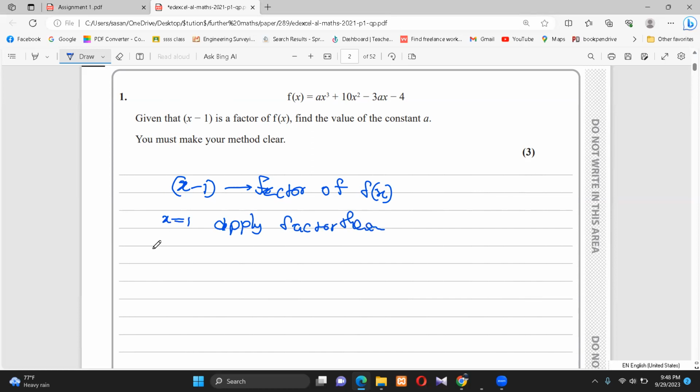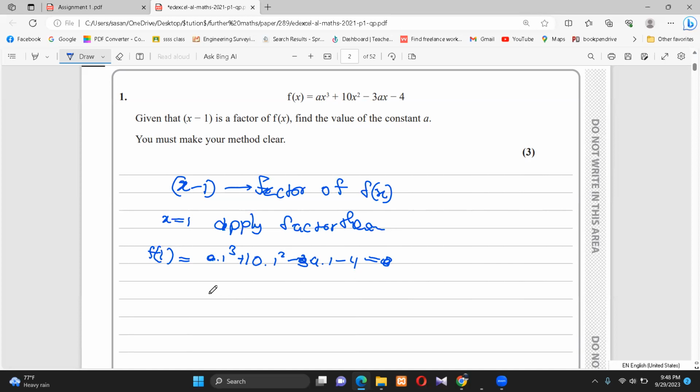When x equals 1, f(1) equals a times 1 cubed plus 10 times 1 squared minus 3 times a times 1 minus 4. This should be equal to 0 because it's a factor; it can be divided by x minus 1 with no remainder.